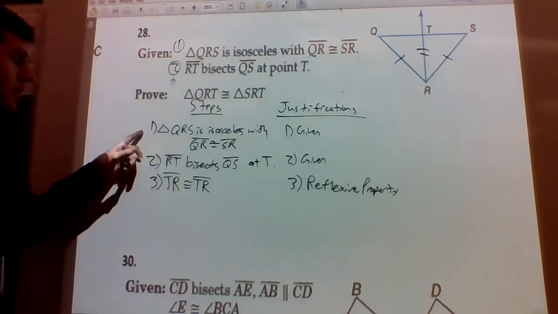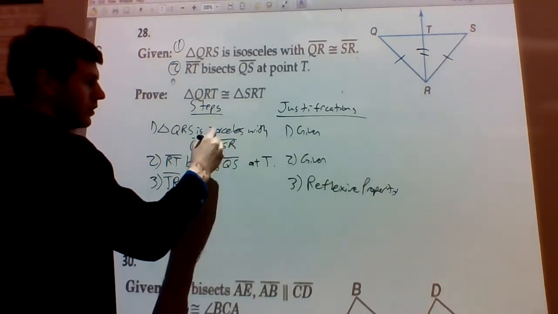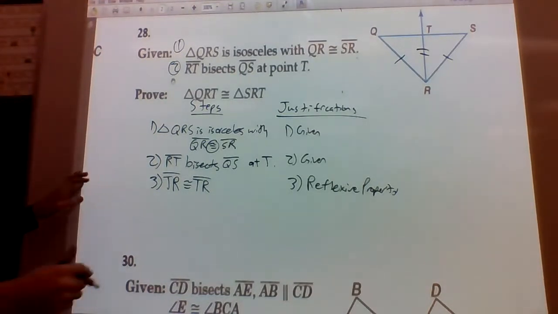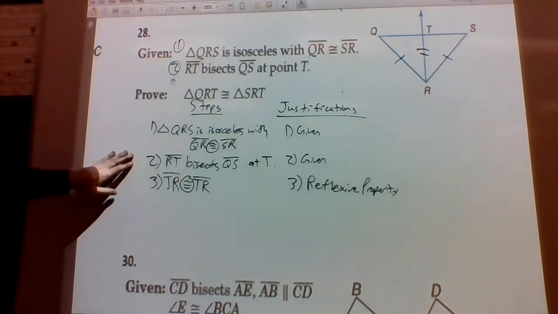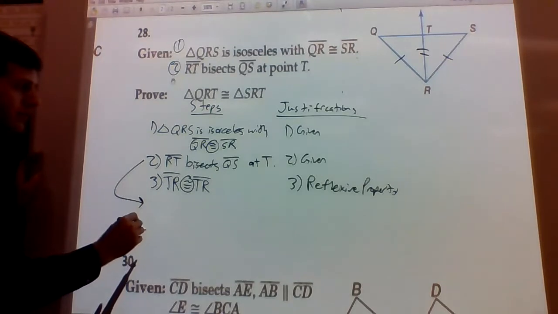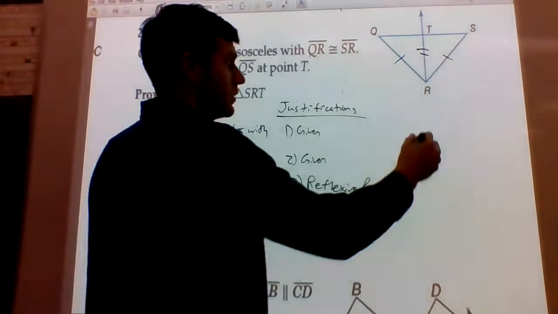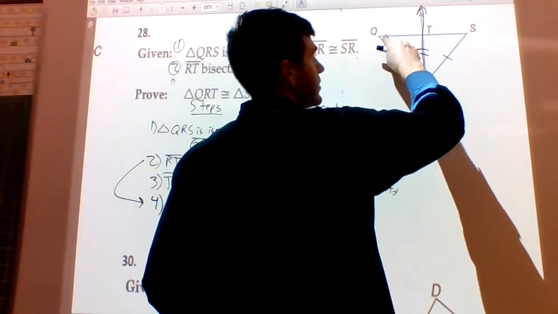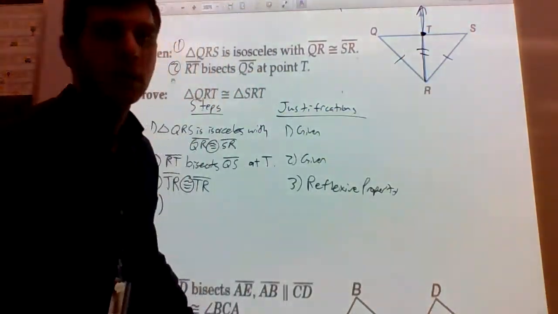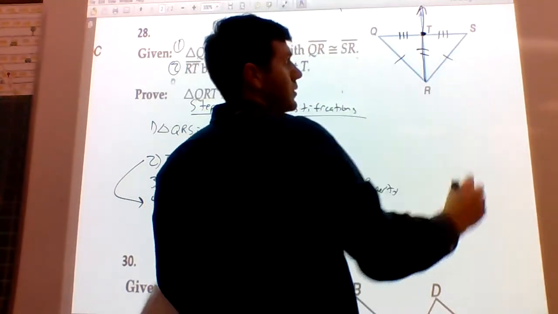Write our givens, look for shared sides or vertical angles, use our givens. The first given ends up with a congruent segment, because we have an isosceles triangle, so QR is congruent to SR. And by the reflexive property, we have another congruent segment. The other given that we haven't used is that RT bisects QS at point T. Bisects QS means it cuts it in half, into two congruent segments.